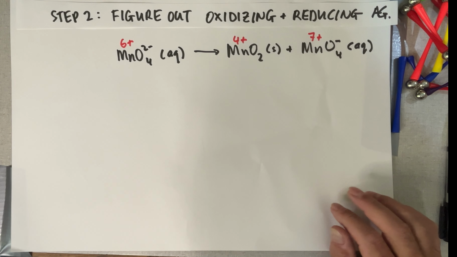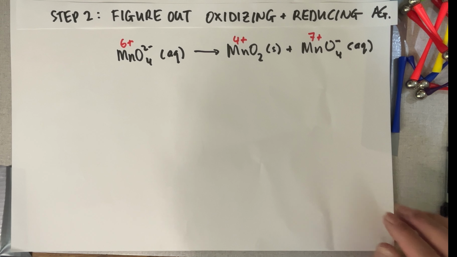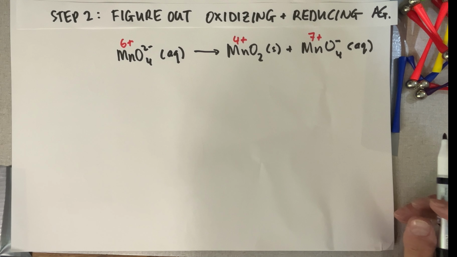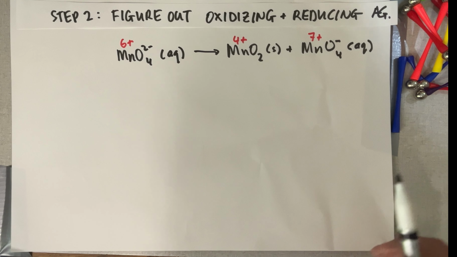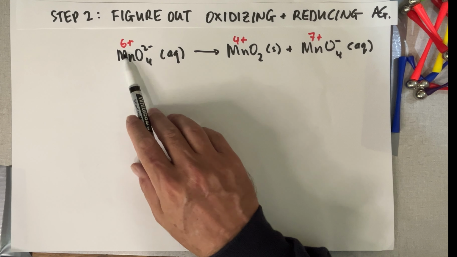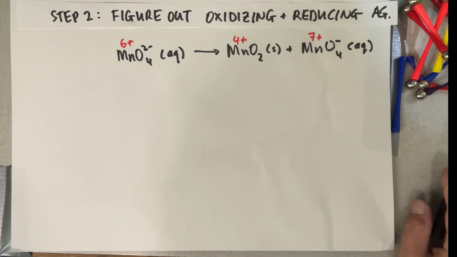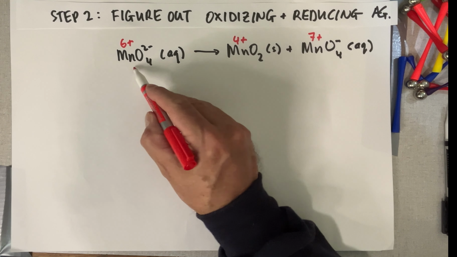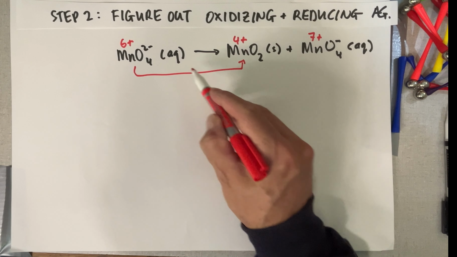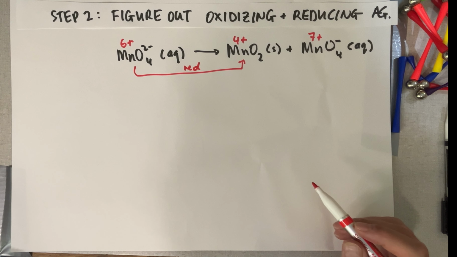The next step is to figure out what is the oxidizing and reducing agents. And you do that by looking at the oxidation numbers and how they have changed. We see here that the manganese has gone from 6+ to 4+ in this case. So that is referred to as a reduction because the oxidation number has decreased.